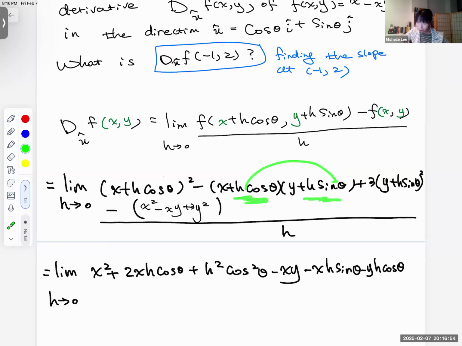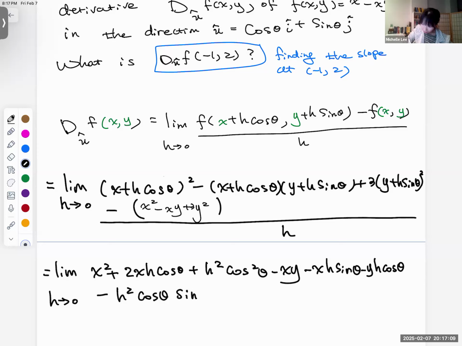So h squared cosine theta sine theta, right? So with a negative, h squared cosine theta sine theta. Okay, so that is the second term.